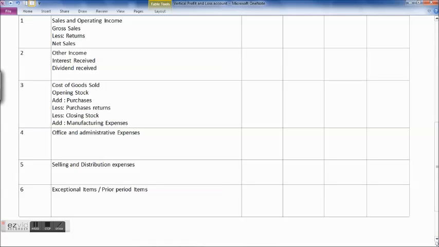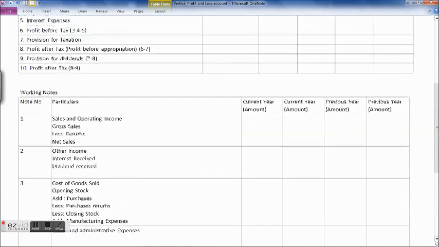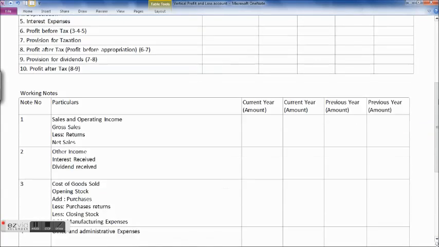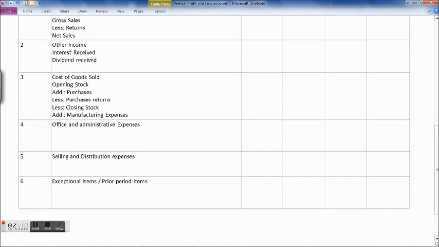Then you have exceptional or prior period items. Sometimes what happens is, after the accounts are closed, there may be some expense for which no provision was made. After the accounting books are closed, you get a bill of some previous year, and there was no provision made for that.